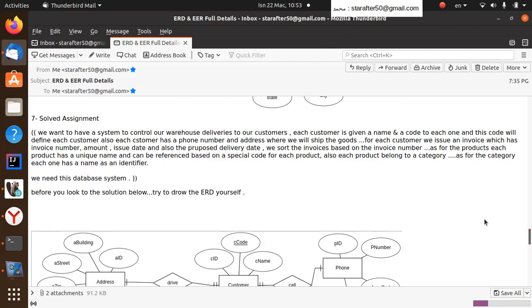So it all depends on your customer when you sit with him and you listen to him, and from there you pick the main points of this database and you start drawing the ERD, the entity relationship diagram. Okay, now in the next video we will talk about the EER, the enhanced entity relationship diagram.